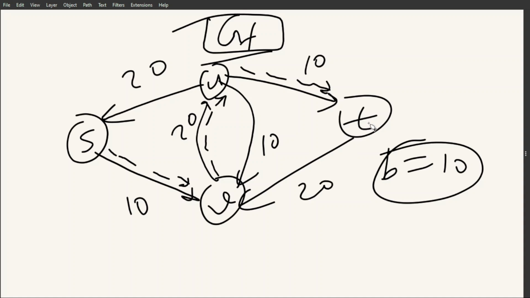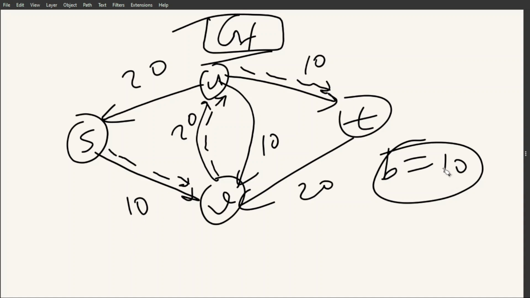You have to find a simple S to T path with no repetition of vertices. So here I have shown we have found a path S V U T. Once we find the path, we compute the bottleneck. Bottleneck is simply the minimum weight of any edge along the path. So the weights are 10, 20 and 10. So bottleneck is 10.